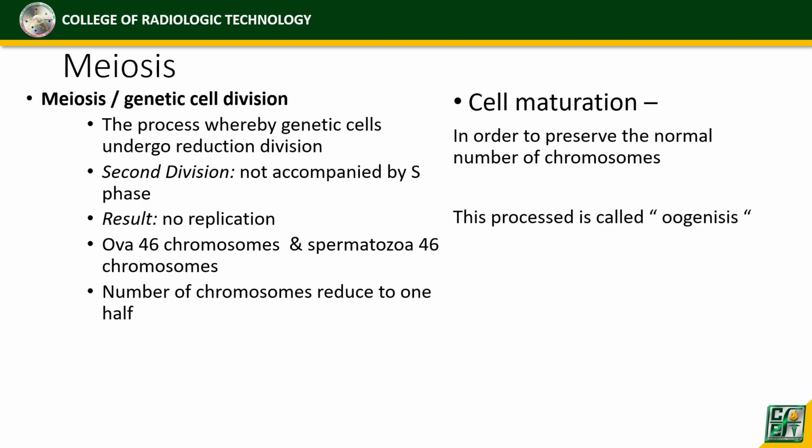So, yung fertilized egg ay magkakaroon pa rin ng 46 chromosomes. 33 from the egg cell, 33 from the sperm cell. Tama ba? Tama po ba? Ganun ba nangyayari?